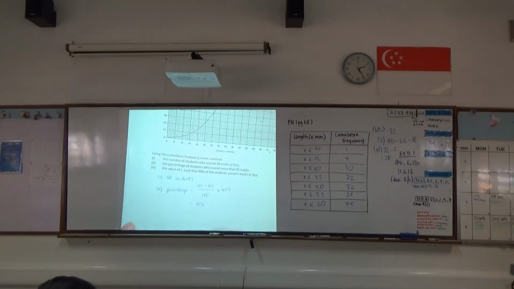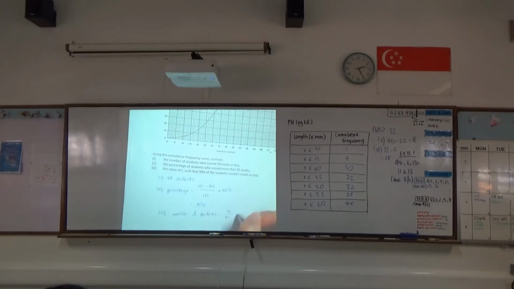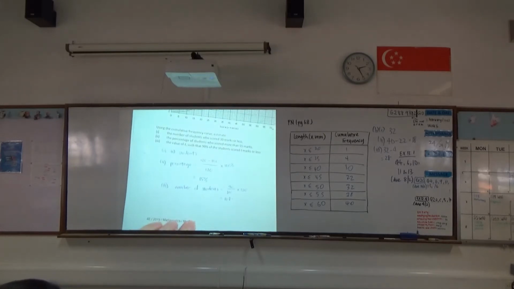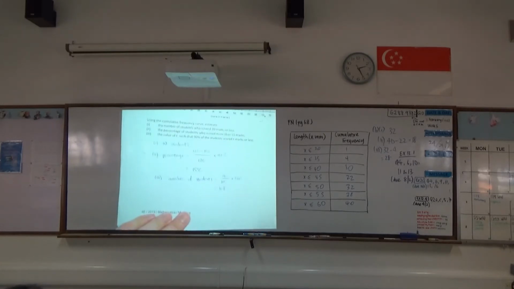So 90% of the students, number of students will be 90 over 100 times 120. So we see that there are 108 students who scored T marks or less.